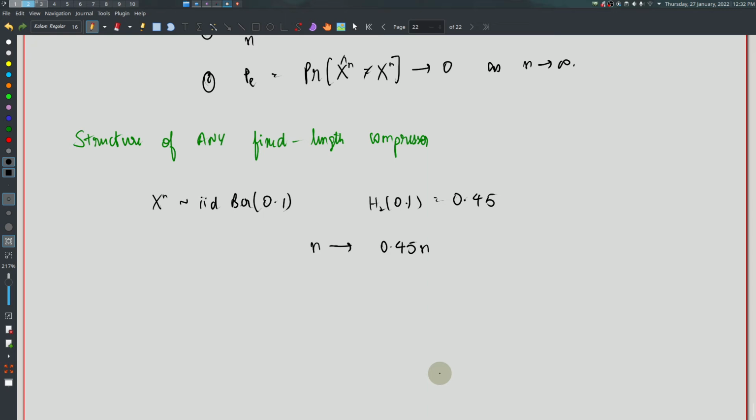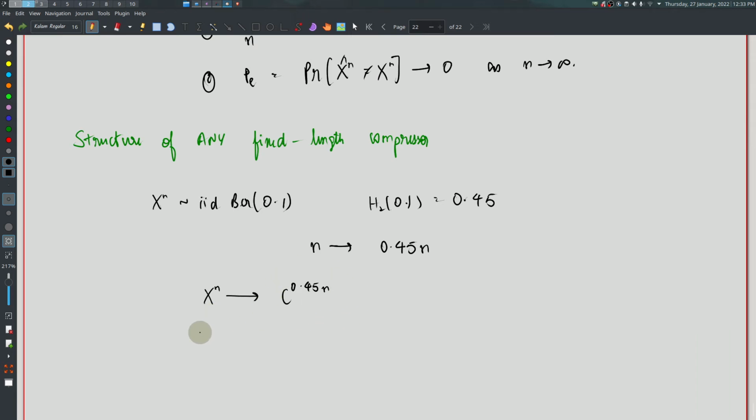So I have an n length sequence x n, and I'm doing some complicated function. From this n length sequence, I'm going to get a 0.45 n length sequence, 0.45 because 0.45 is the entropy corresponding to 0.1. So I'm taking an n length binary sequence and converting it into a 0.45 n length binary sequence.